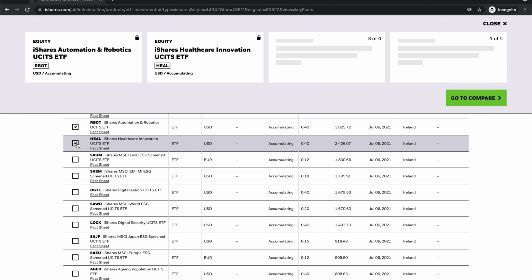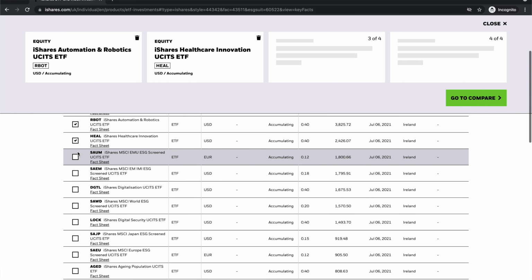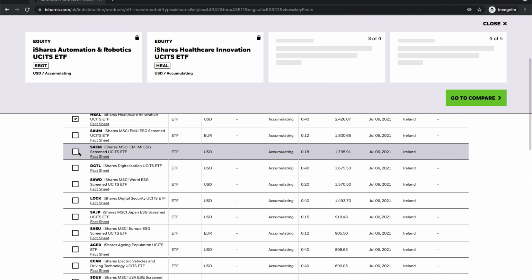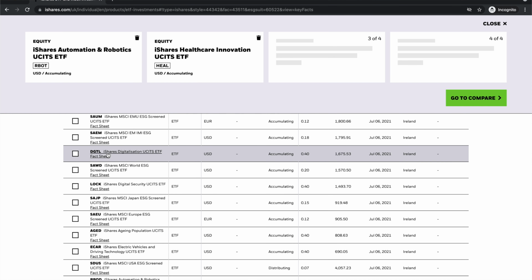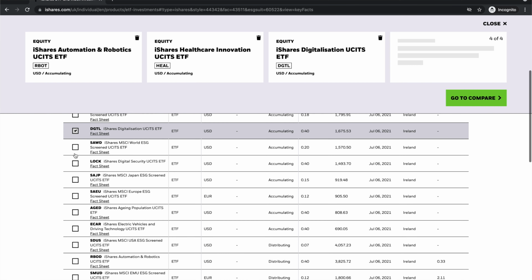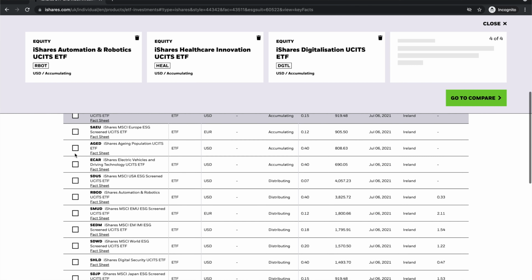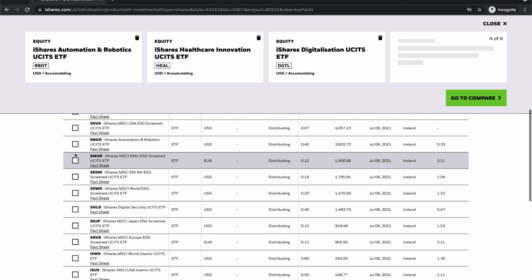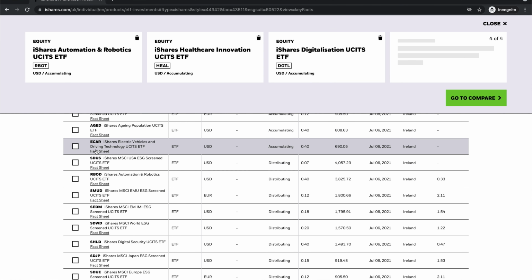Let's select that one. There is one here for digitalization. Okay, that's pretty relevant these days. And lastly, let's see what else. Oh, this one, E-car, electric vehicles and driving technology. Let's select that one as well.